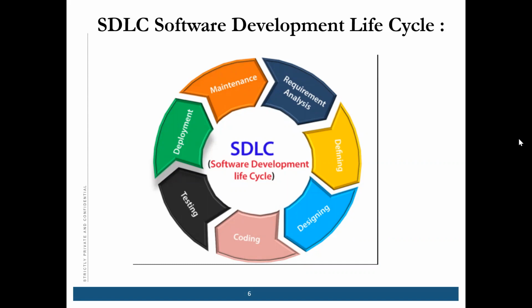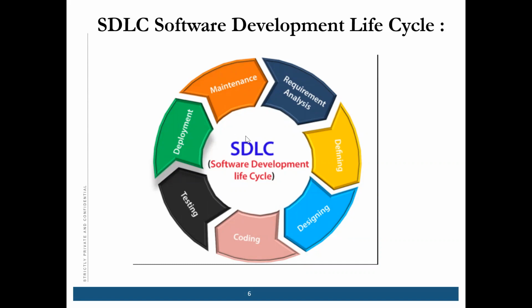We should follow the SDLC phases and the process to go through all of it so that we get a good quality product, and also deliver our product on time and as per the client requirements.